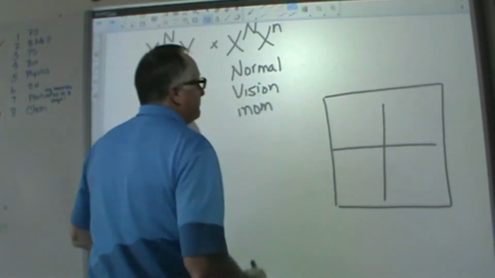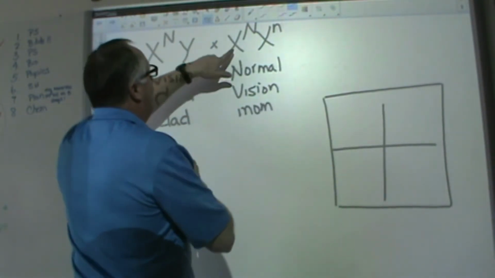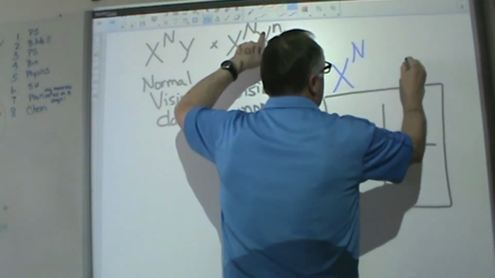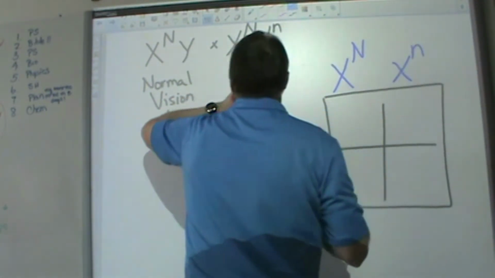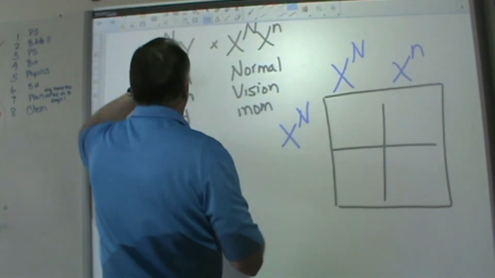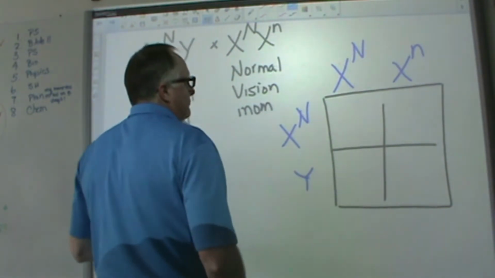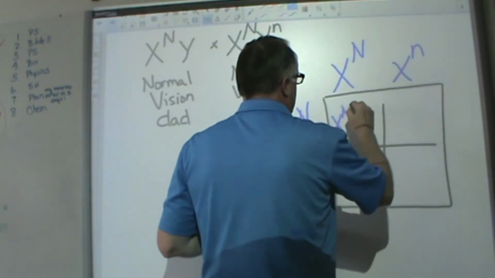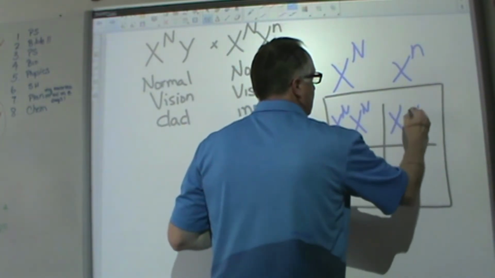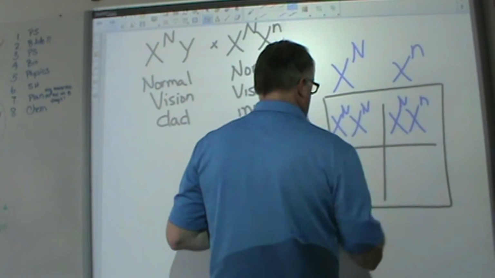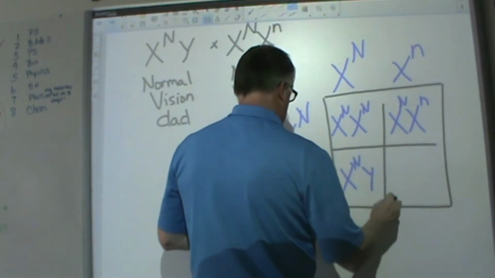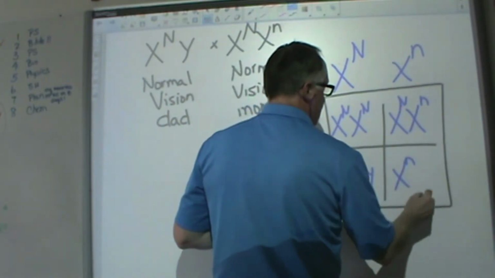So let's see what we would have. Mom, if we keep consistent, put mom up here, can give us a normal X or can give us the colorblind allele. Dad can give us the normal X or can give a Y. So we would get these four combinations.